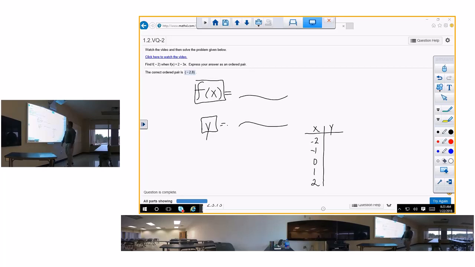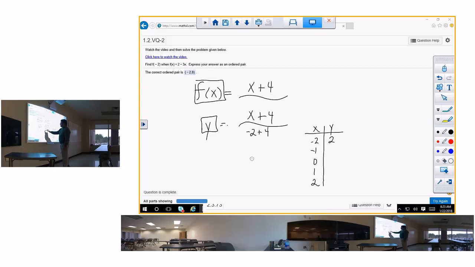And let's say they give you something simple, x plus 4. Okay, these are the same thing, just written differently. And when you wanted to find y at negative 2, you'd plug in negative 2 plus 4 and get 2.